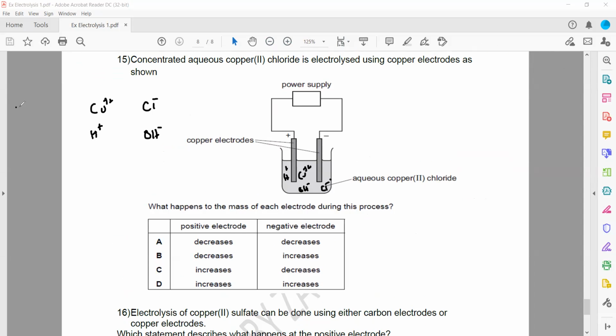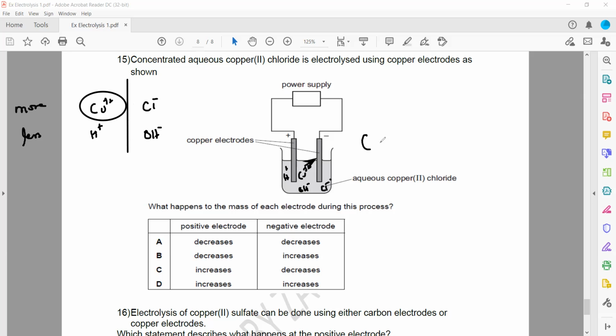The salt is more and the water is less. For positive ions, we always check the reactivity. Copper is less reactive, as we discussed previously, so copper is attracted towards the negative electrode, also known as the cathode.